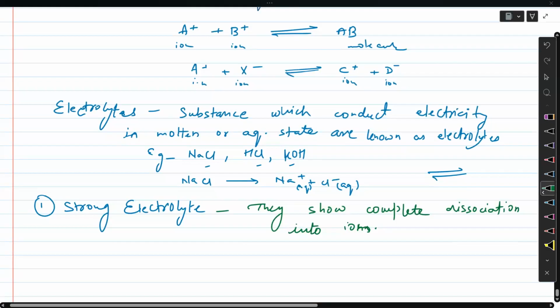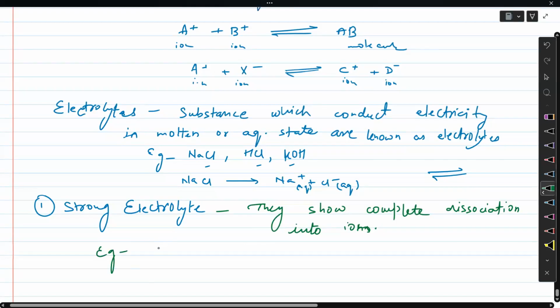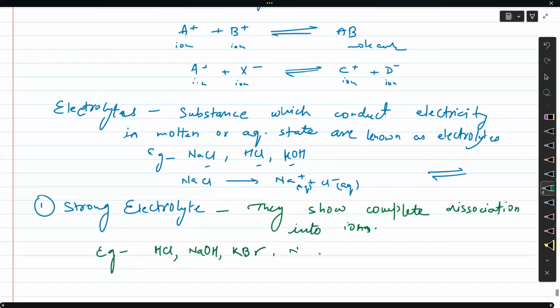Its examples are HCl, NaOH, KCl, KBr, KI, these things. Also NaCl, CsCl, all of these are strong electrolytes.